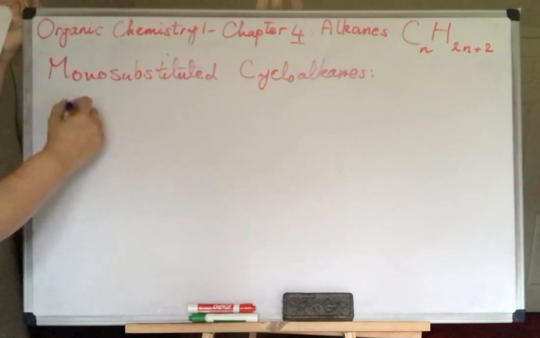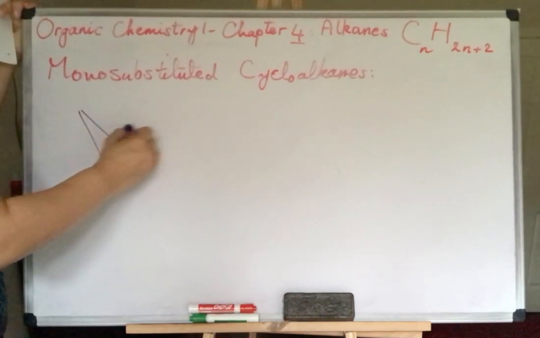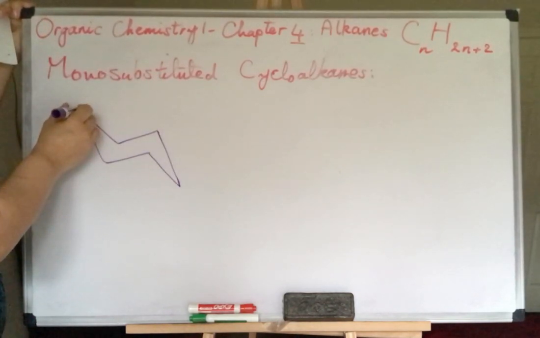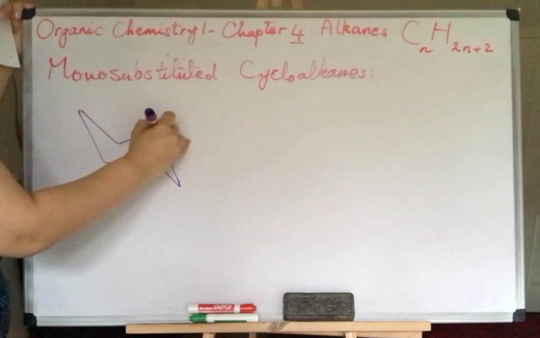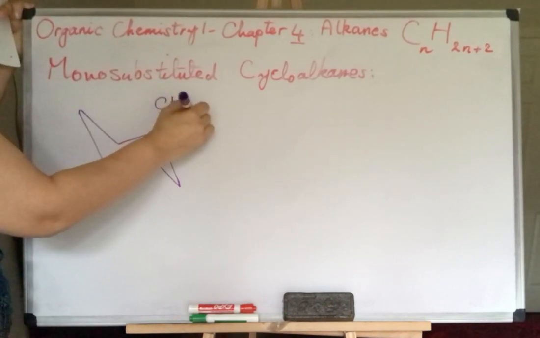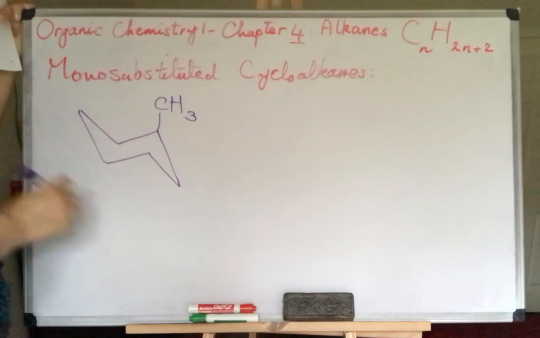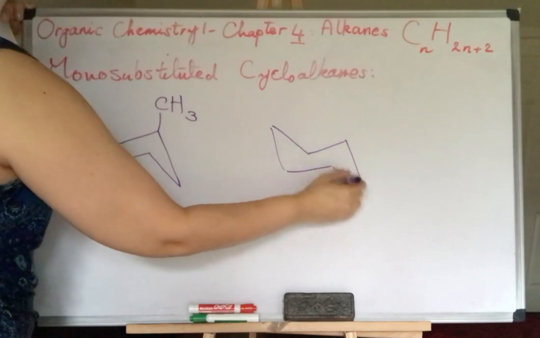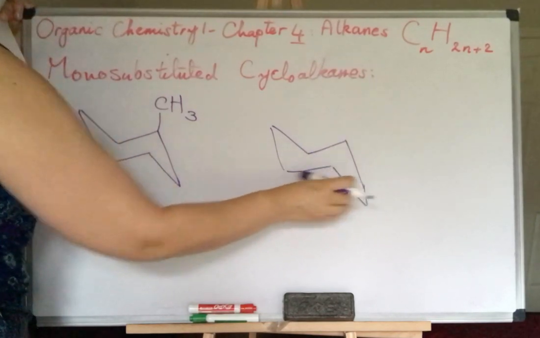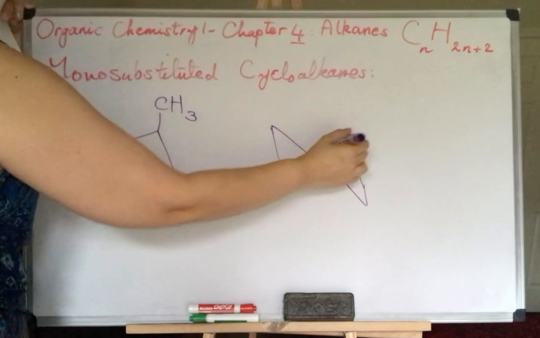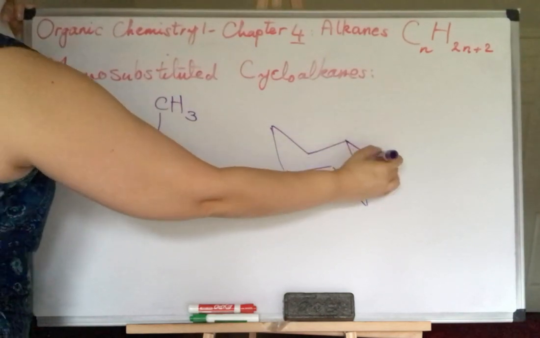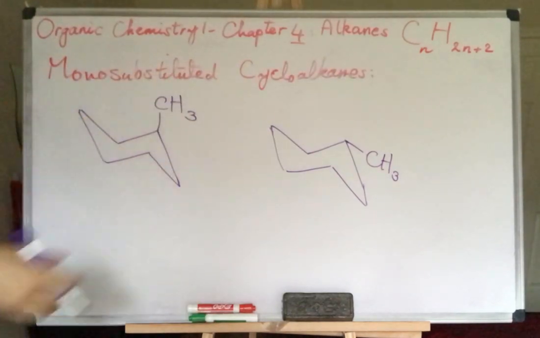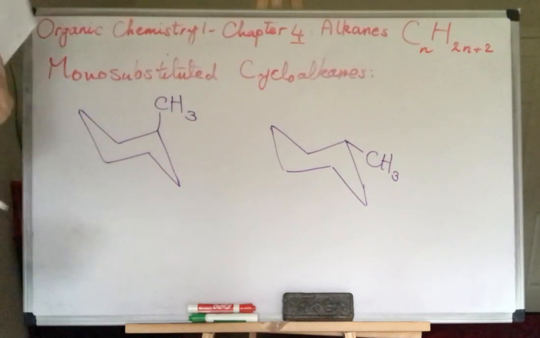Let's say we want to determine stability first. Let's say we have this and we have a CH3 on one of the carbons, and another same exact chair conformation, but CH3 is on the equatorial position. We want to determine which one is more stable, which one is less stable, and why.